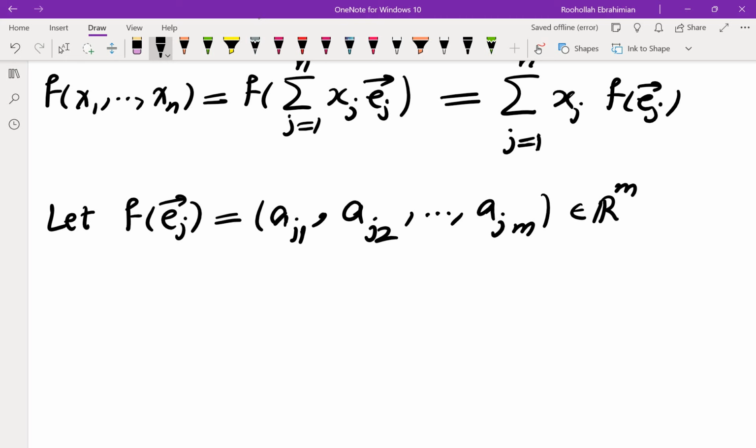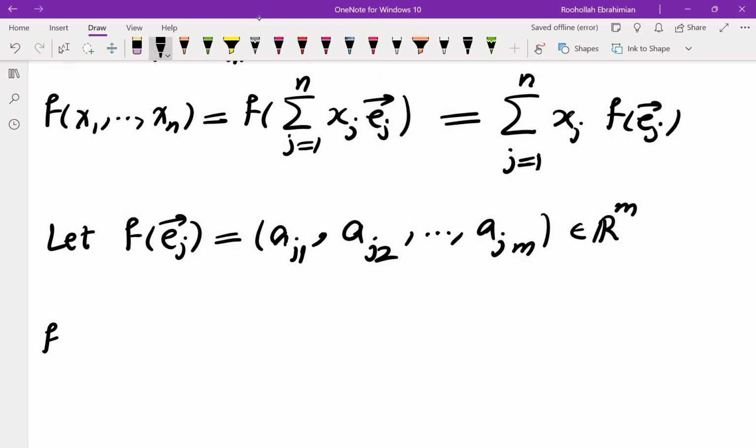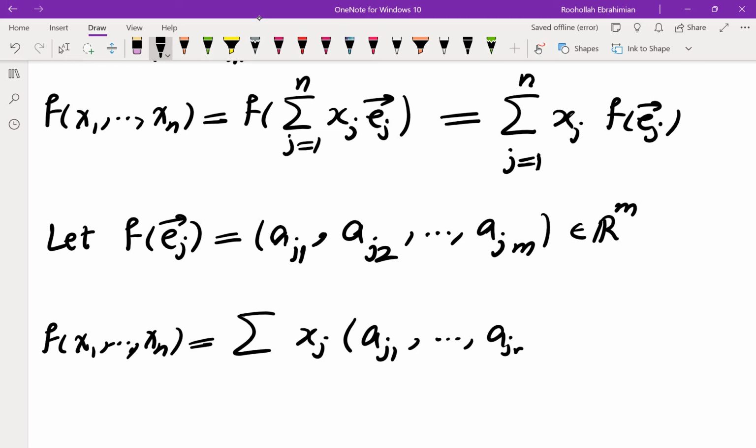Okay, so now I'm going to take that and plug it into the sum. So f of x1 through xn becomes the sum xj times the vector with components aj1 all the way to ajm, and this j goes from 1 to n.